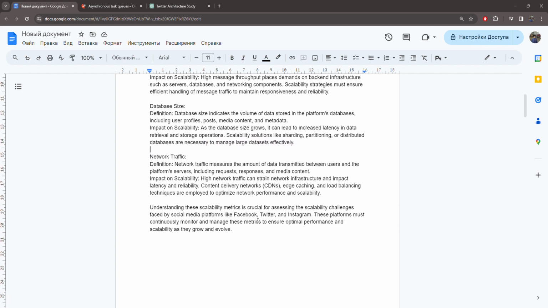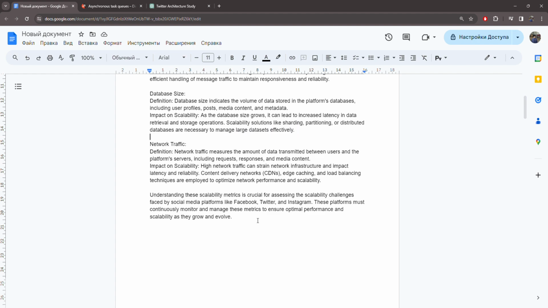effectively. Network traffic. Network traffic measures the amount of data transmitted between users and platform servers, including requests, responses, and media content. High network traffic can strain network infrastructure and impact latency and reliability.